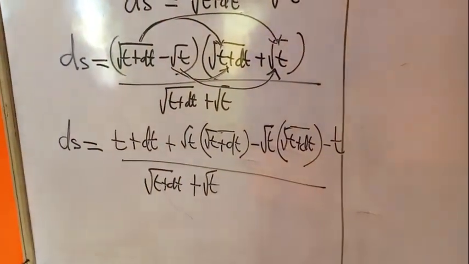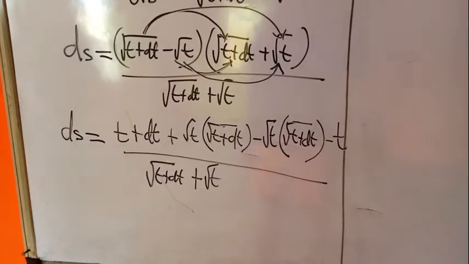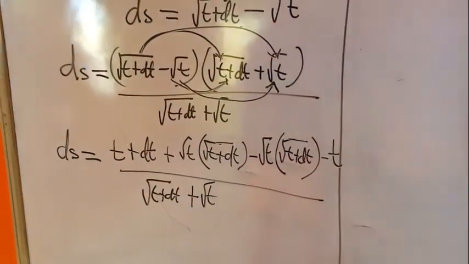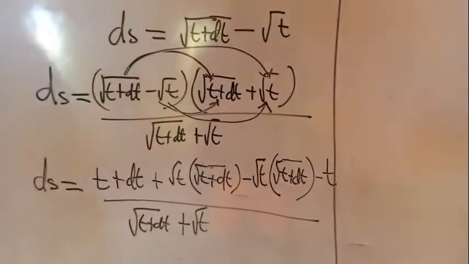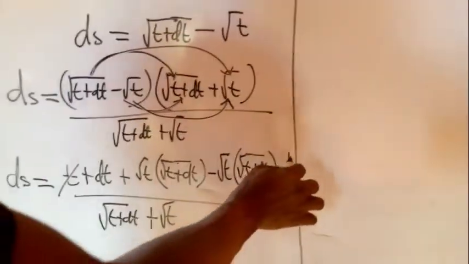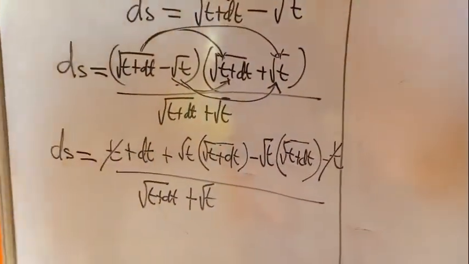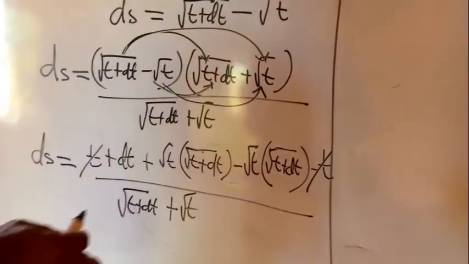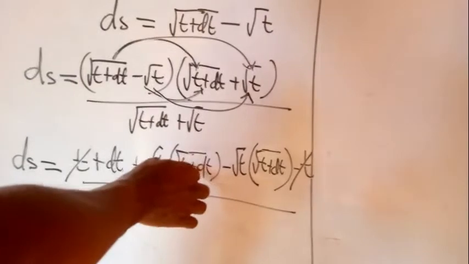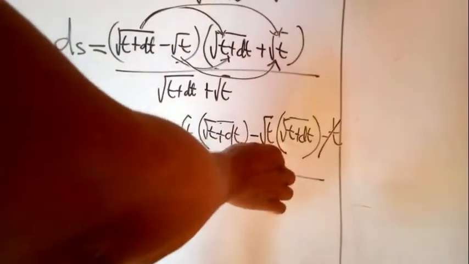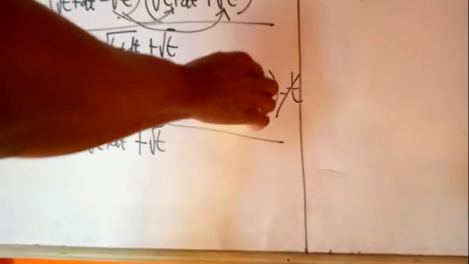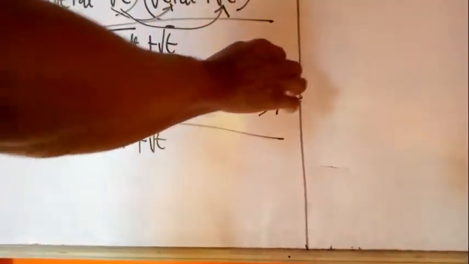So it's a careful differentiation. If you are careful about it, you don't have an issue. But if you are not careful, then there's a problem. Let's see if we can cancel. Plus t minus t will cancel out. Plus root t into root t plus dt minus root t into root t plus dt, they will also cancel out.